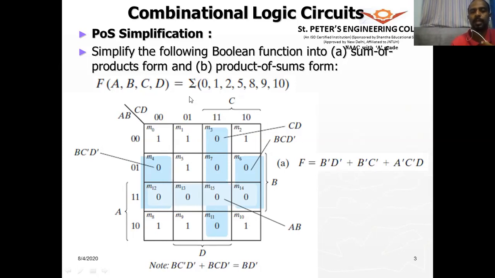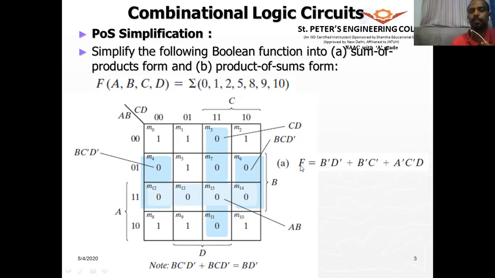We are not writing in terms of the min terms. We are directly drawing the Karnaugh map, identifying the points, that means the min terms in terms of the numbers, that is their decimal values, and marking the ones. Then we simplify for the ones.